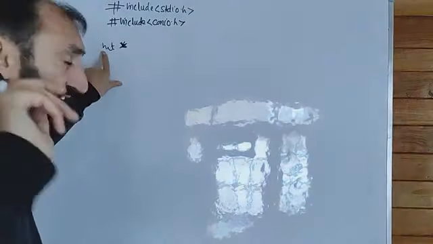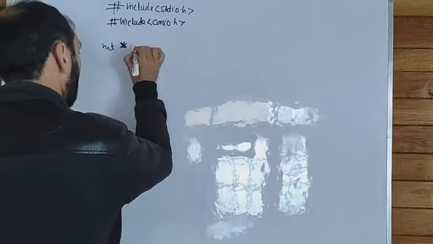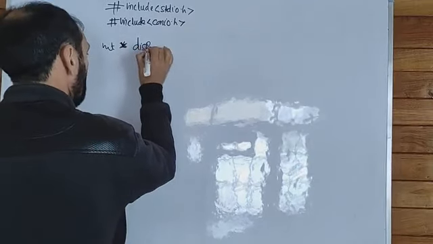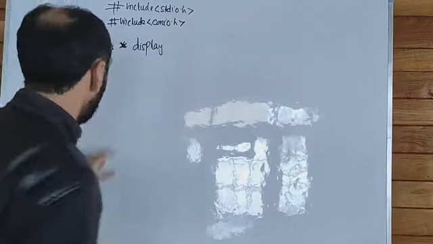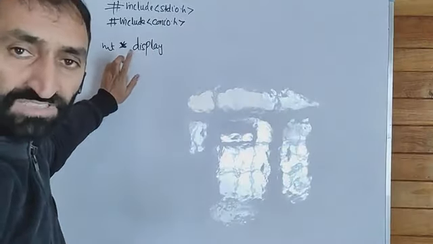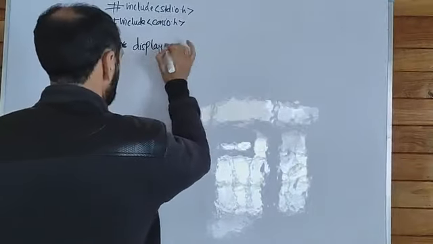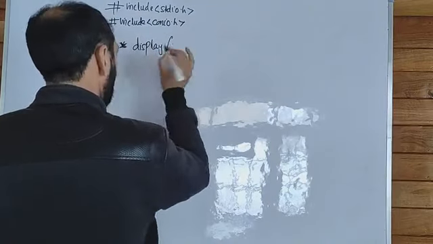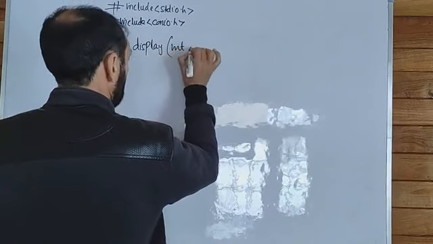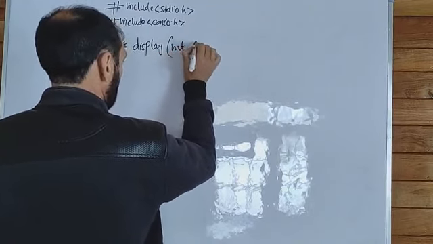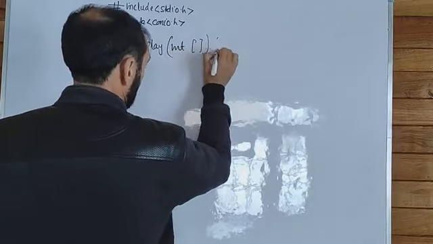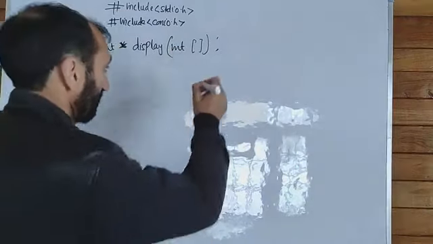After that we will write the name of the function, that is display, and after display, int. This is the function declaration.